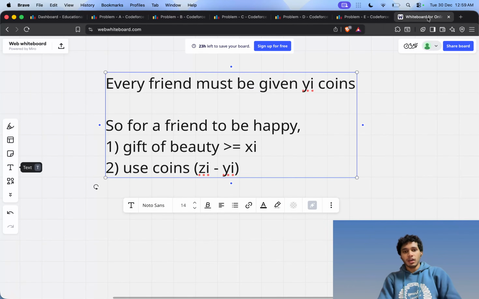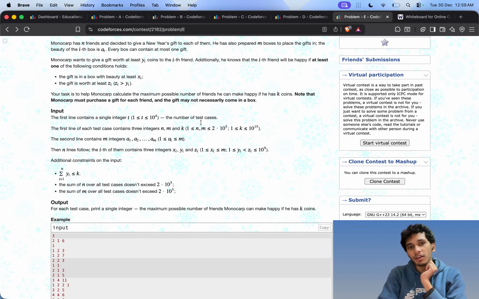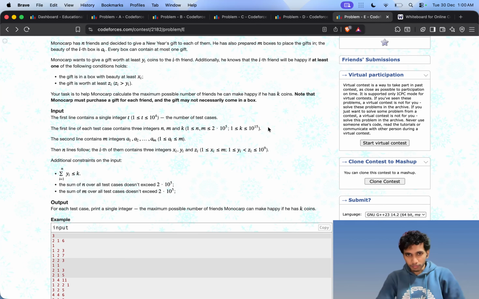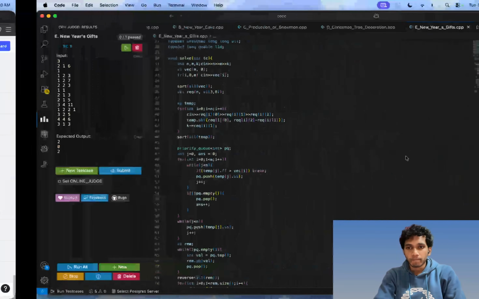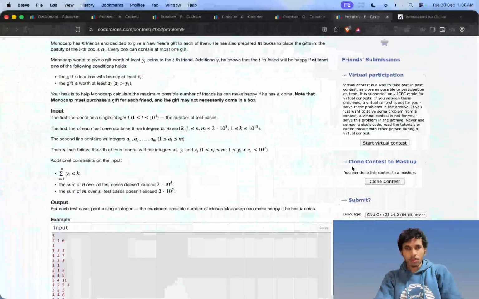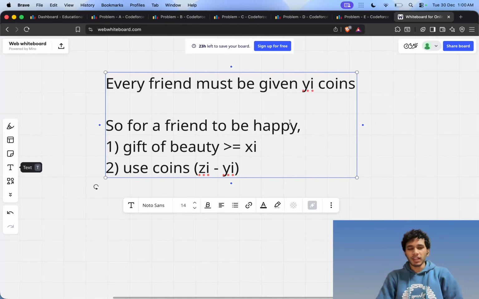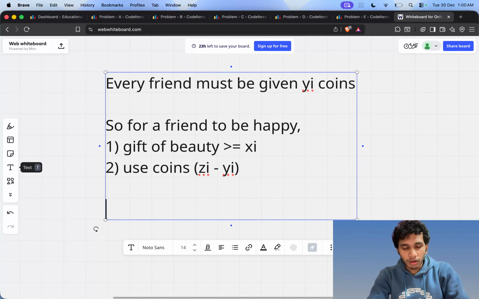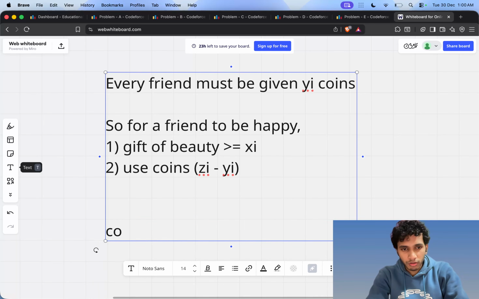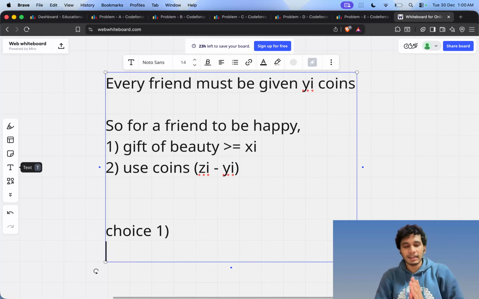So what choices do we have if we try to approach this problem greedily? Because that's what the constraint forces us to do. N is 2e5 and k is very large. So for approaching greedily, we will have two choices. All the vague implementations or ideas that we have, just write them down.